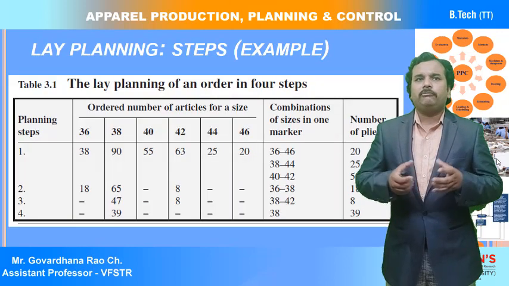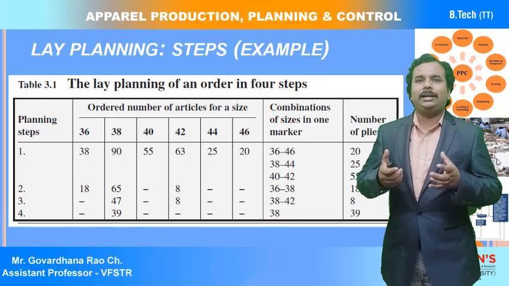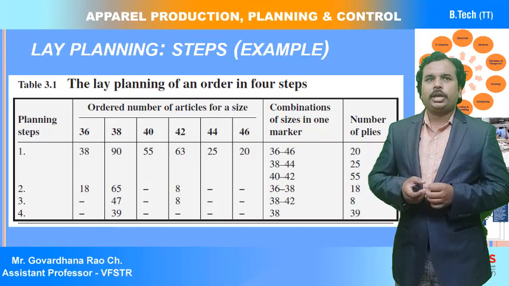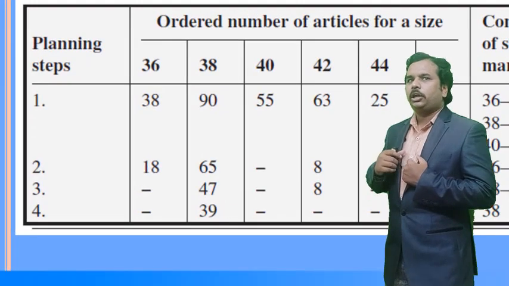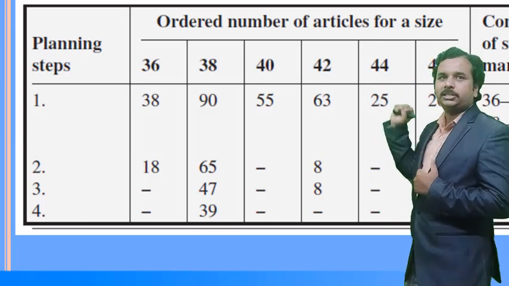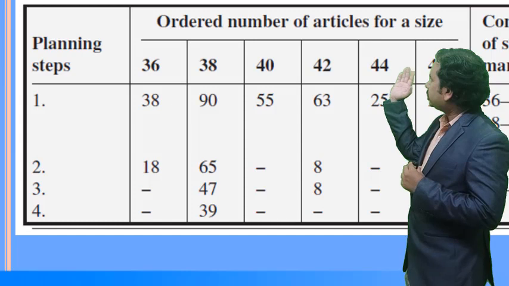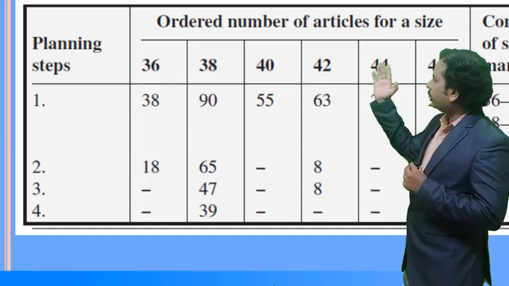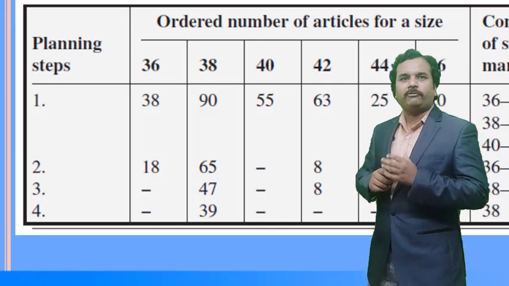So we'll see an example of how we can plan the lay. You can see here an example I have given, with the ordered quantity of different sizes: 36 size, 38 size, 40 size, 42 size, 44 size and 46 size.